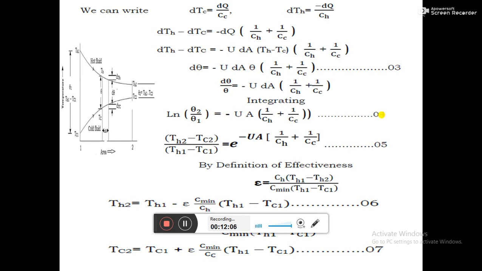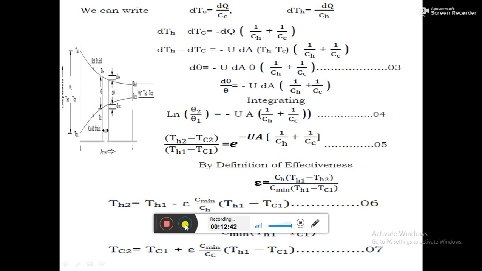Subtracting these two terms, we get dTh minus dTc equals, taking the dq term outside, minus dq into (1 by Ch plus 1 by Cc). From equation number 1, we can replace dq with U into dA into (Th minus Tc).